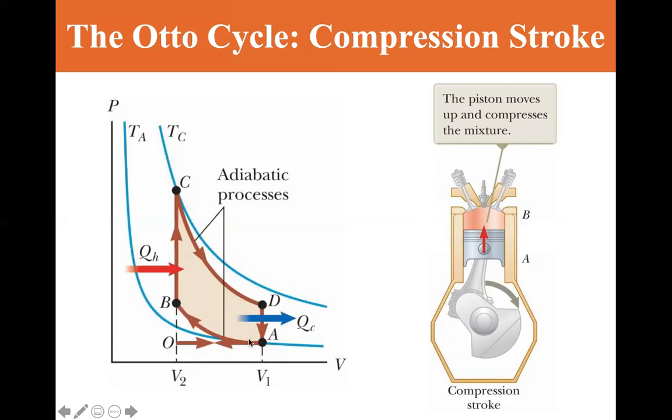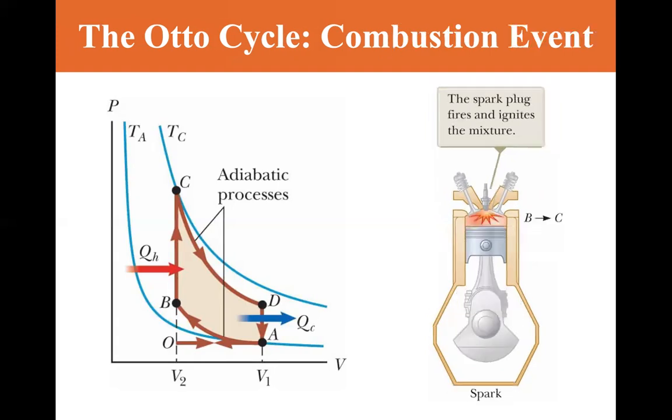That's along this line. You can see that it's not isothermal. The volume is decreasing, the pressure is increasing, and the temperature is increasing. So those are all in the compression stroke. And then you have an event, the spark plug fires and ignites the mixture.